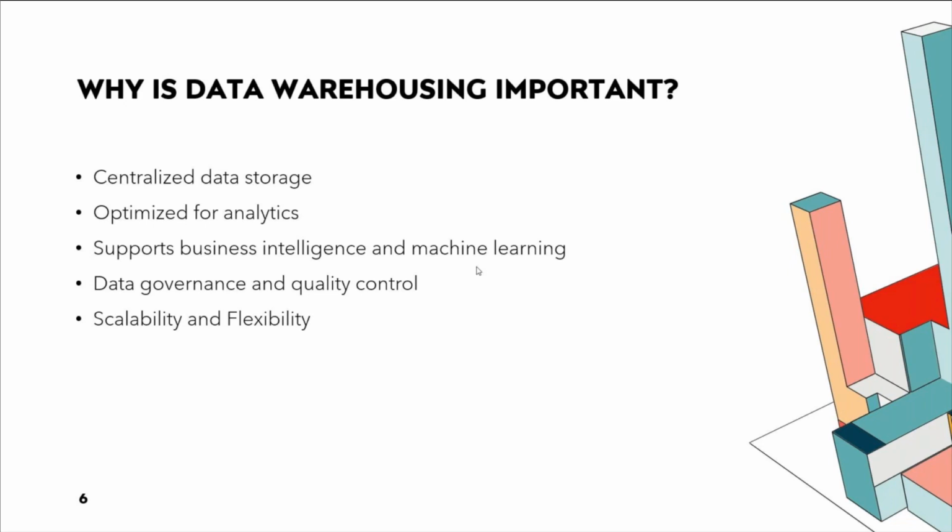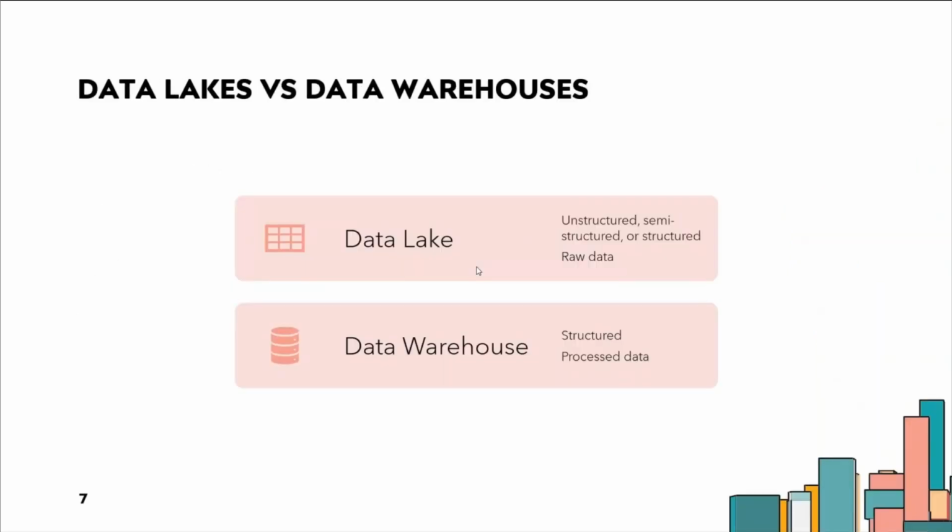So we'll get into some of the traditional challenges that were had with data warehousing. But today there's so much data out there and it's very diverse. And so a focus for data warehousing is to be able to work with all of that data. So quickly, I want to talk about the differences between data lakes and data warehouses. Data lakes take in raw data.